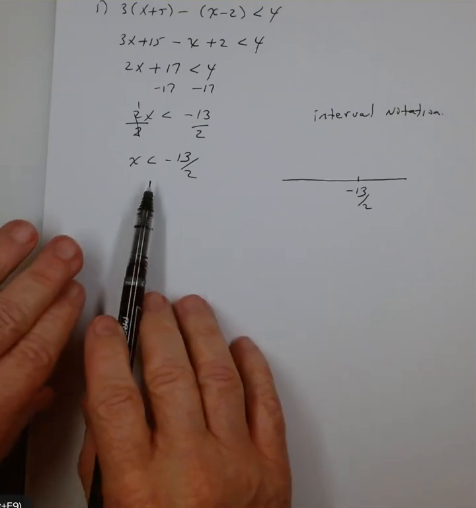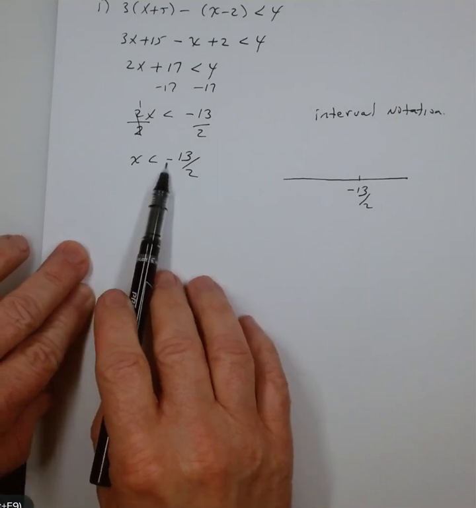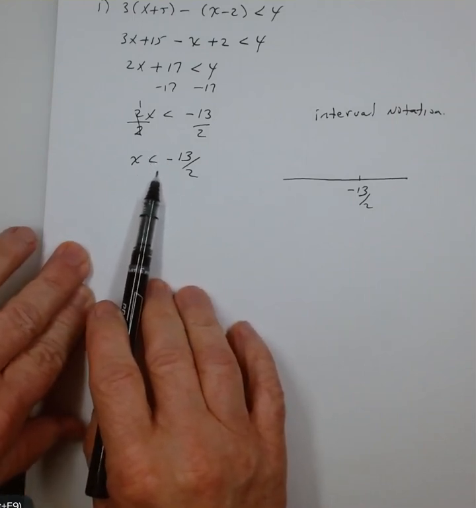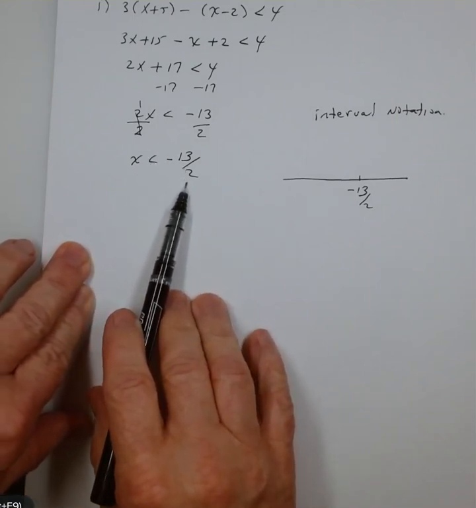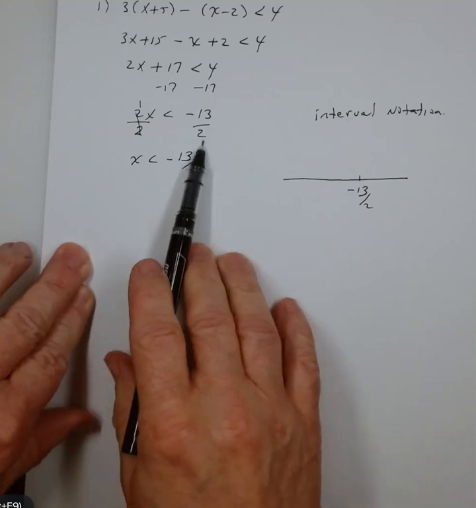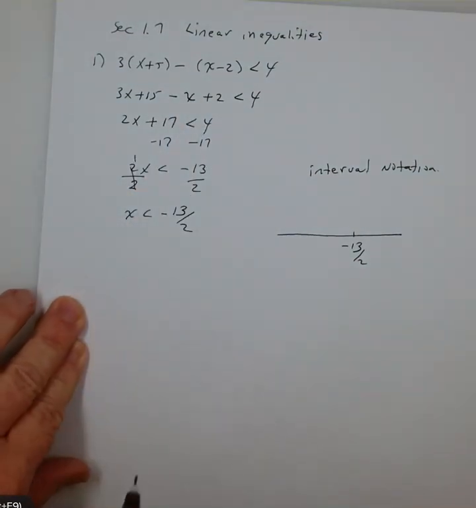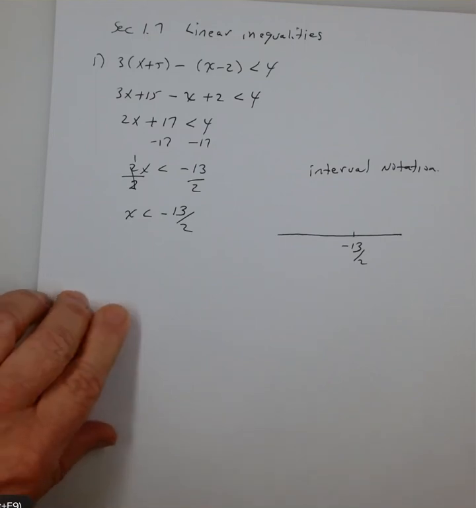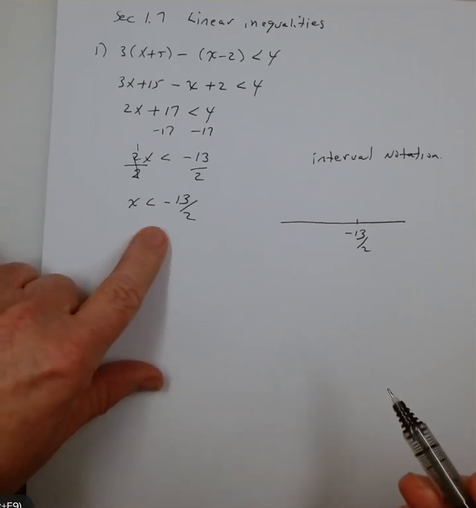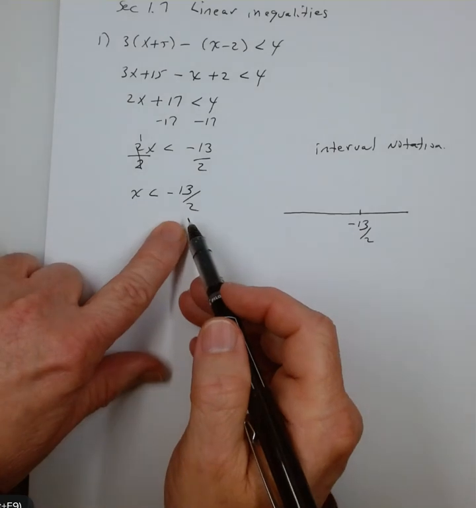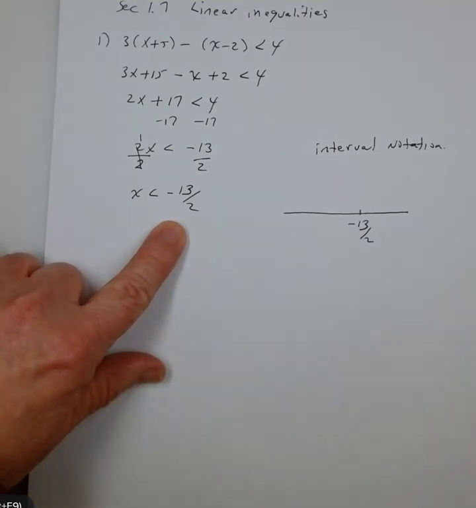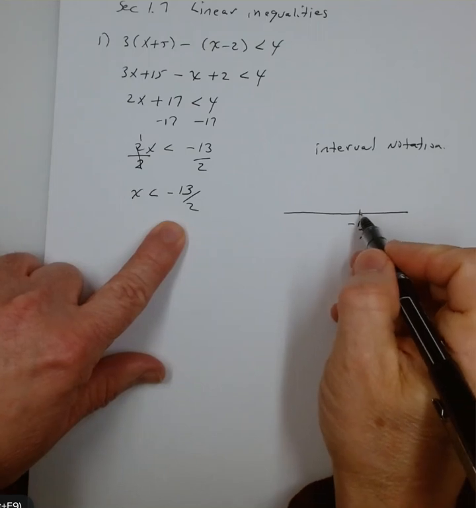Since I don't see an equal sign, is negative 13 halves a solution to this inequality? No. It's just any number less than that. So since negative 13 halves is not a solution, what you're going to learn in those lessons is that when I put that on a number line, I'm going to use an open circle.